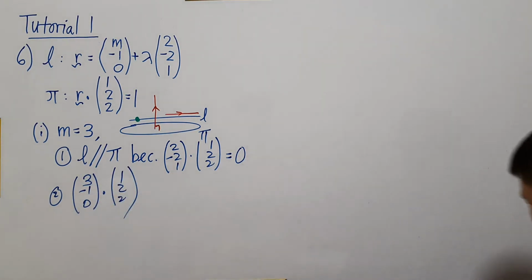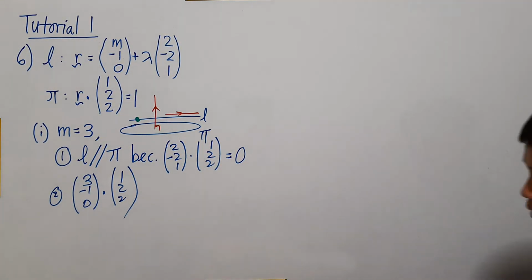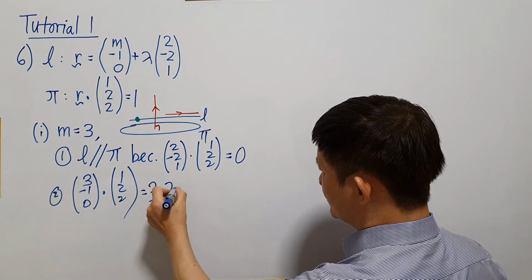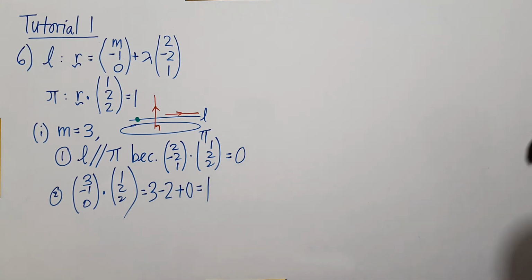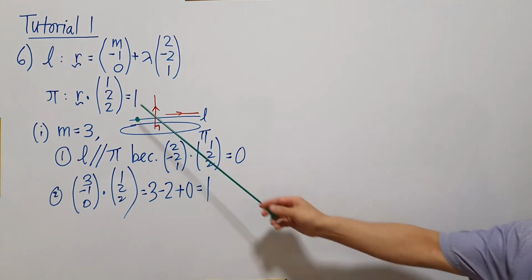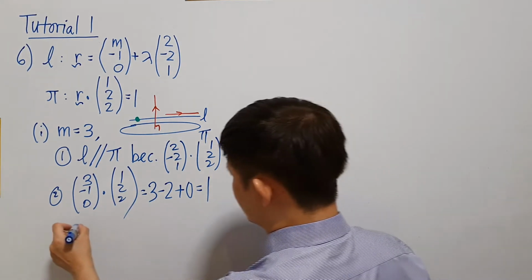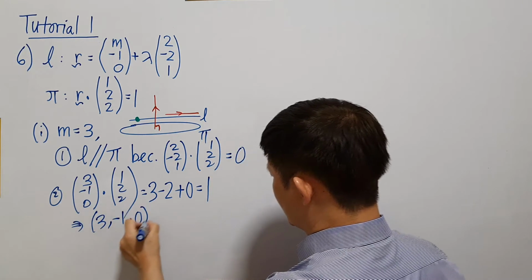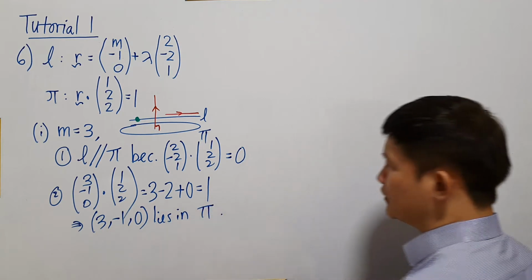When I perform this dot product, I hope to get the same thing as the right hand side here. You get 3 minus 2 plus 0, and this is 1. And this number actually tallies with this number, affirming that the point (3, -1, 0) lies in the plane pi.